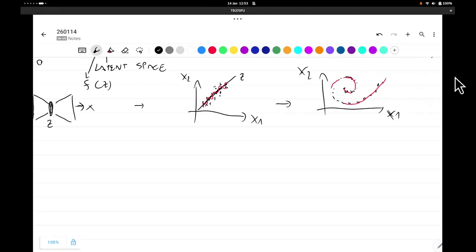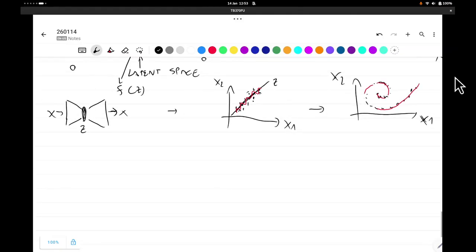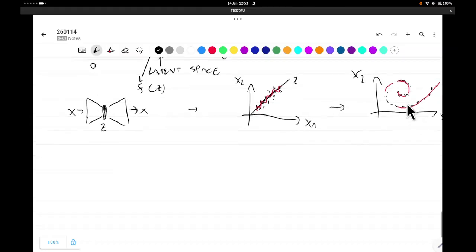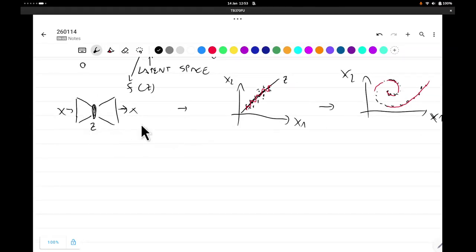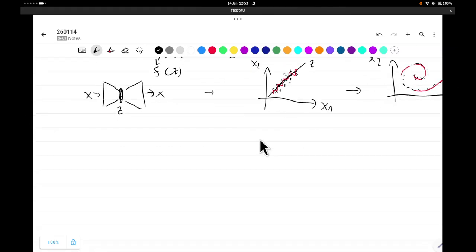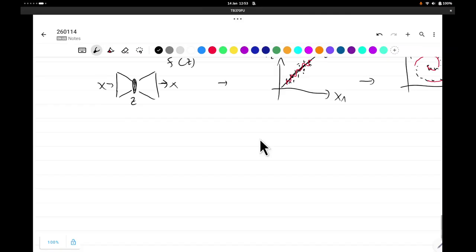So you want the network to learn the spiral, and I hope you believe that if you just introduce nonlinearities in this kind of architecture, you can learn it also. So your Z that you learn in between, by just mapping in and out from this initial distribution of points, will be representative of the actual distribution of the points in the original representation.